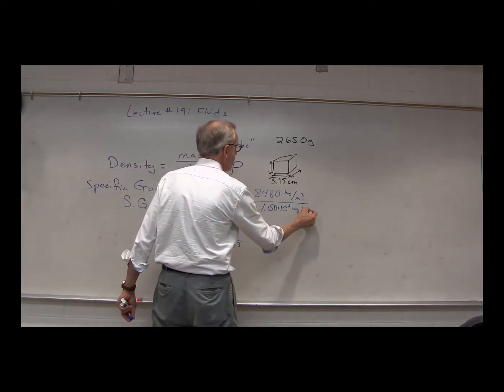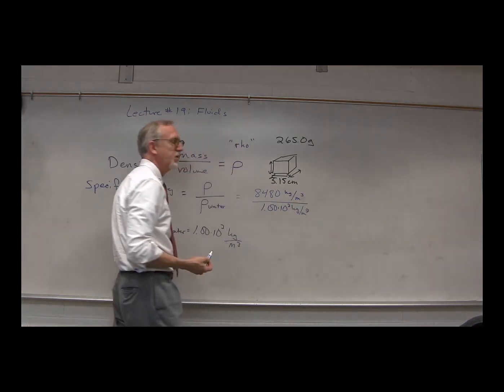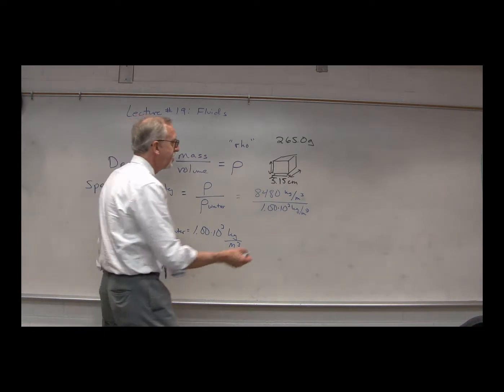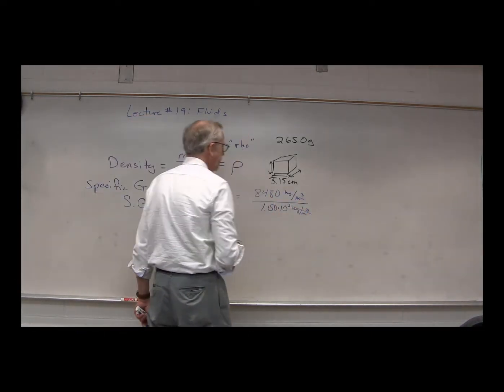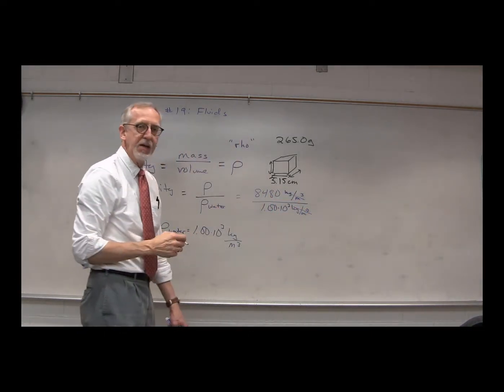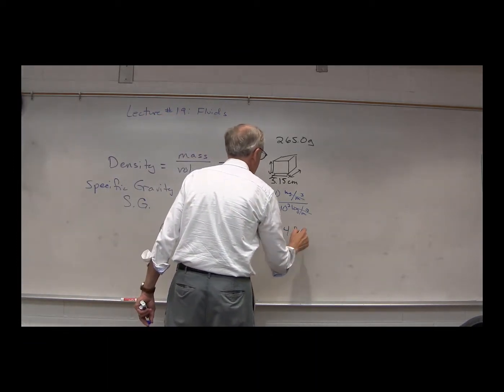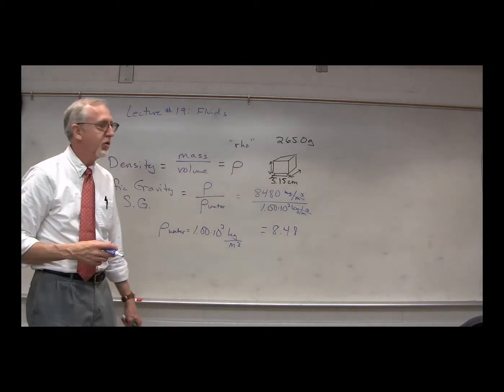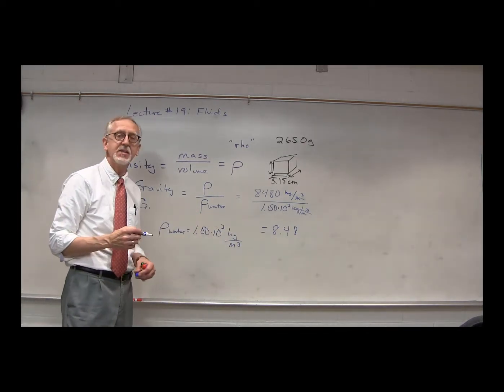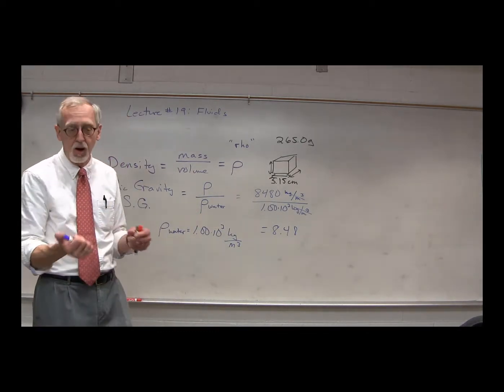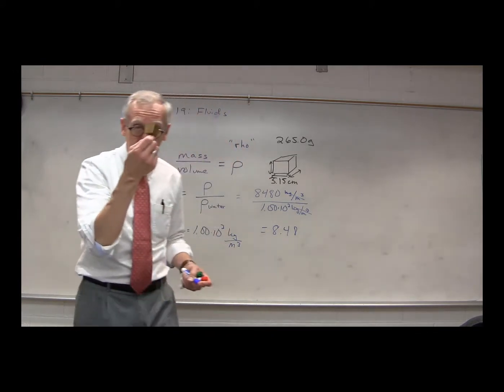Well, notice we've got kilograms per cubic meter in the numerator, kilograms per cubic meter in the denominator. They cancel out. 8,480 divided by 1,000 is 8.48. So the specific gravity of brass is 8.48, for this particular sample of brass.